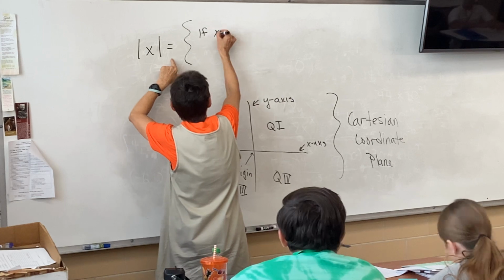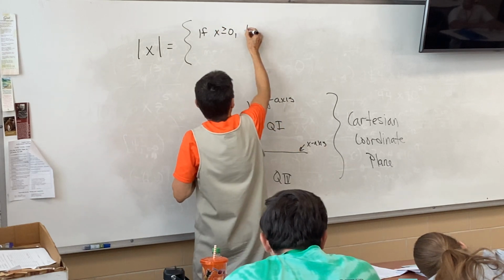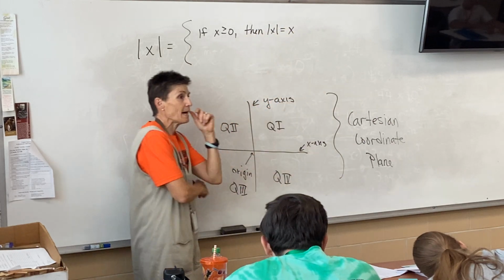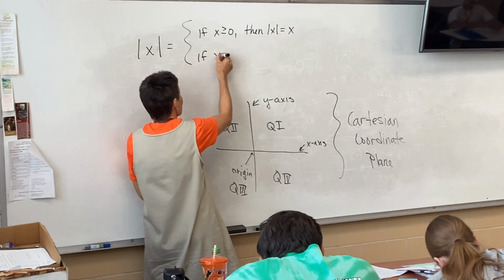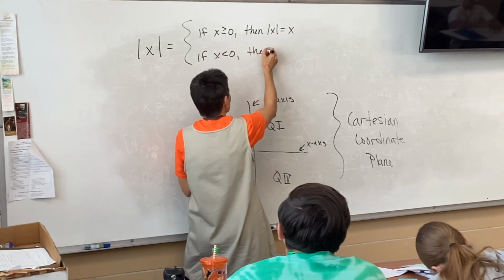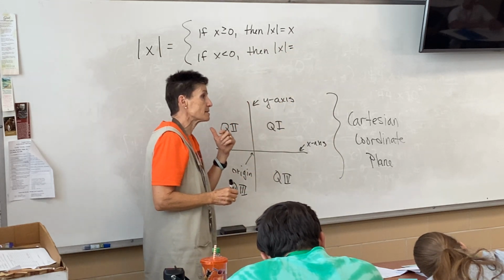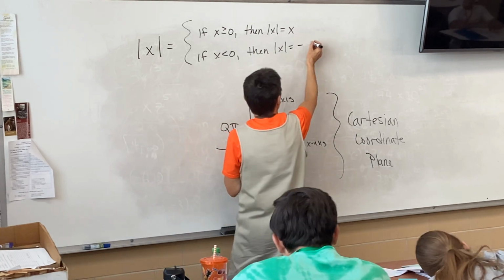So, if x is a positive number, then its absolute value is itself. Would you agree with that? But if x is a negative number, then its absolute value is the opposite of itself.